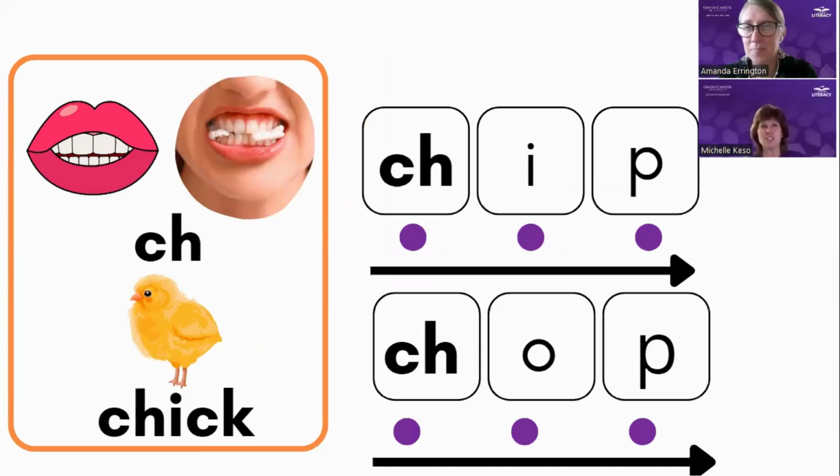Okay, so now we're going to switch roles, and I'm going to be the teacher, and Amanda is going to be the students. We're going to practice blending words that begin or end with the ch sound. I'm going to say the sounds, and then Amanda is going to blend the whole word. Are you ready, Amanda? I'm ready. Here we go.